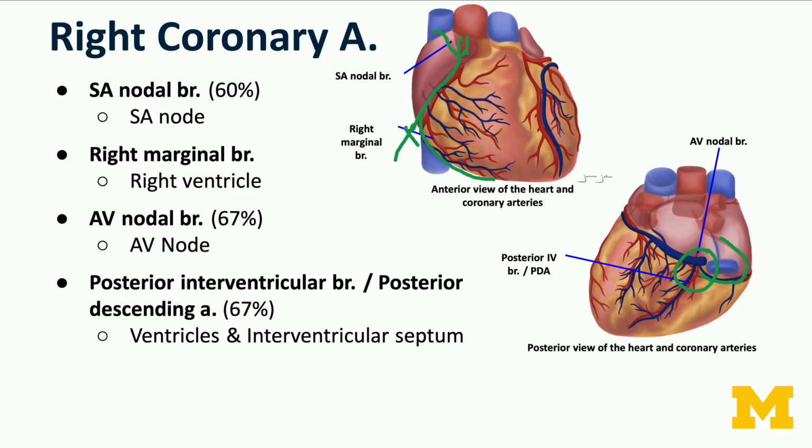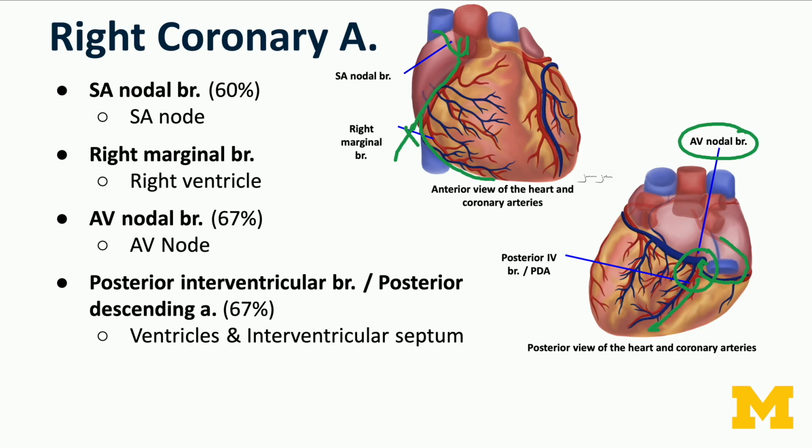And here at the crux, the RCA is going to give off two branches. There will be an AV nodal branch that is small and goes deep into the heart, and a posterior interventricular branch, also known as the posterior descending artery, the PDA for short, that runs along that posterior interventricular sulcus.